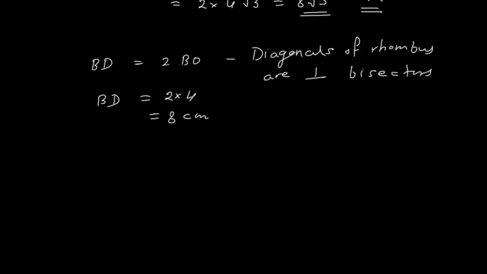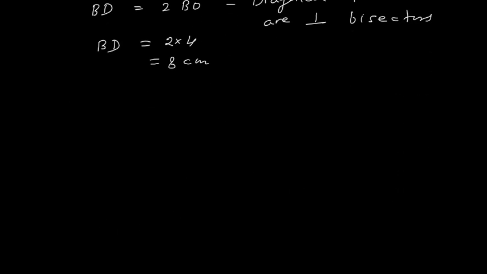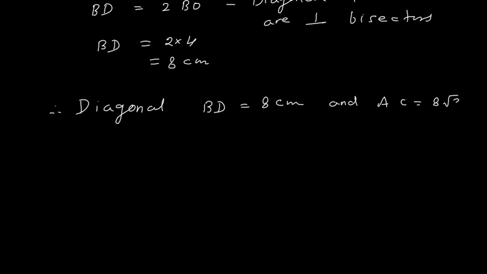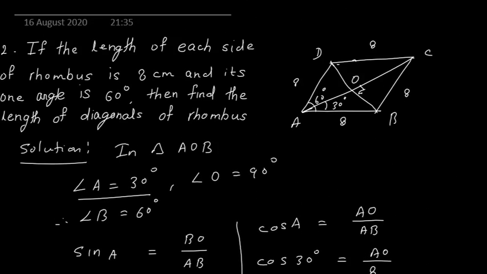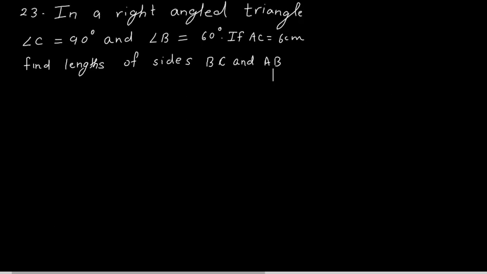So therefore finally you can say that diagonal BD is equal to 8 centimeter and AC is equal to 8 root 3 centimeter. So we get the value of BD and AC. Simple question.